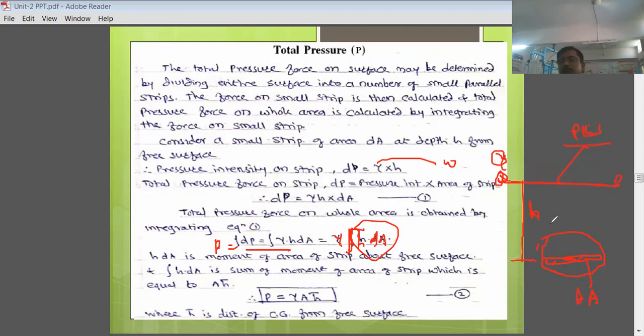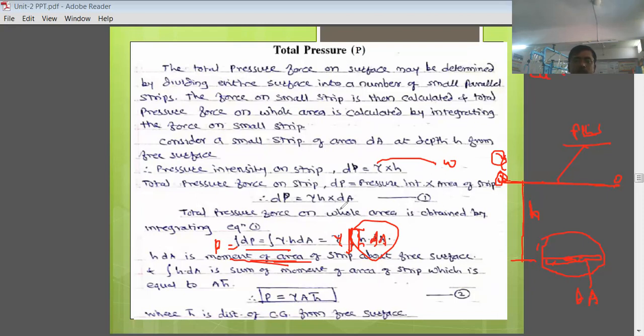and I multiply this area by the perpendicular distance between this axis and this plane surface, this is what is called the moment of area. In applied mechanics, you have learned this in unit 3 or 4, center of gravity and moment of inertia.